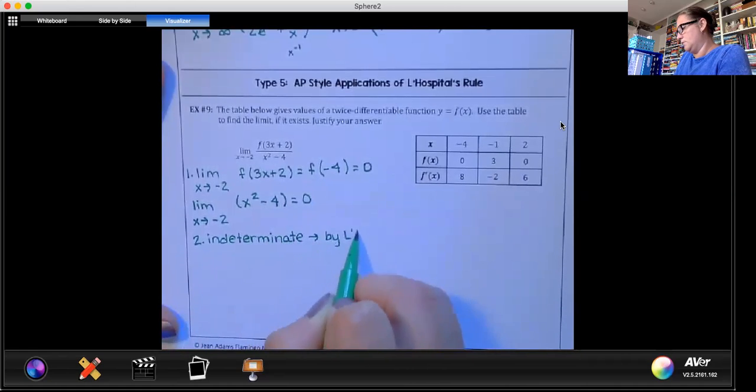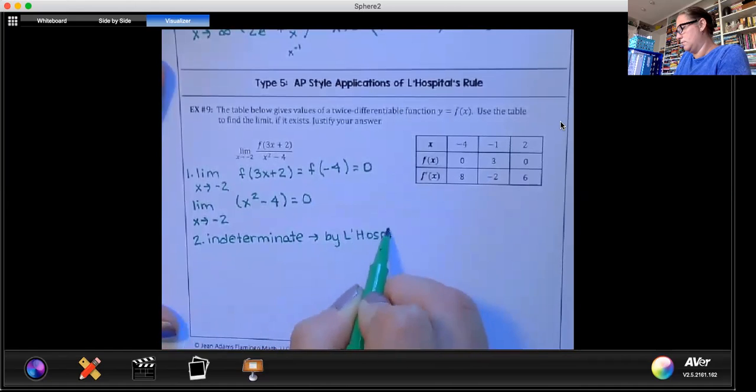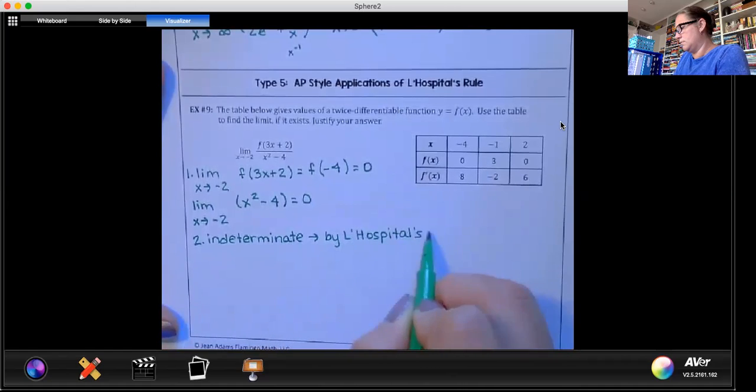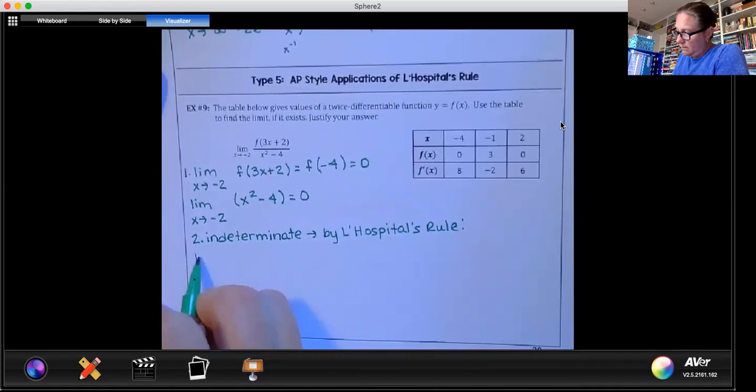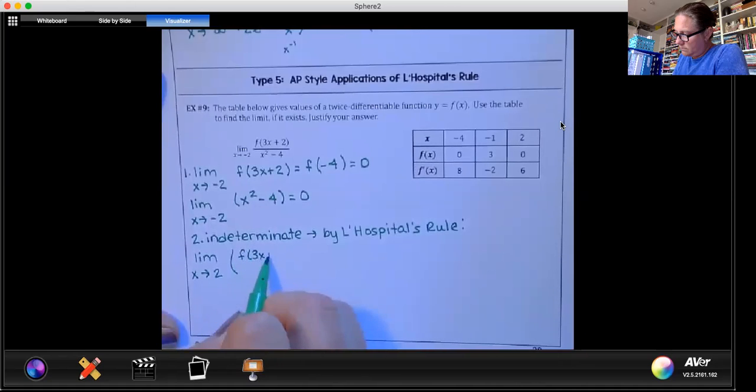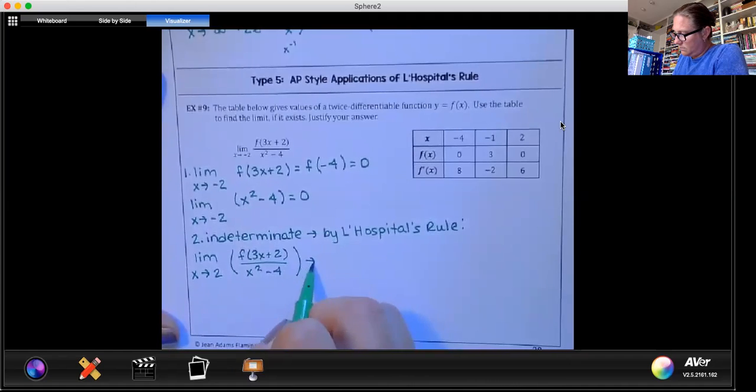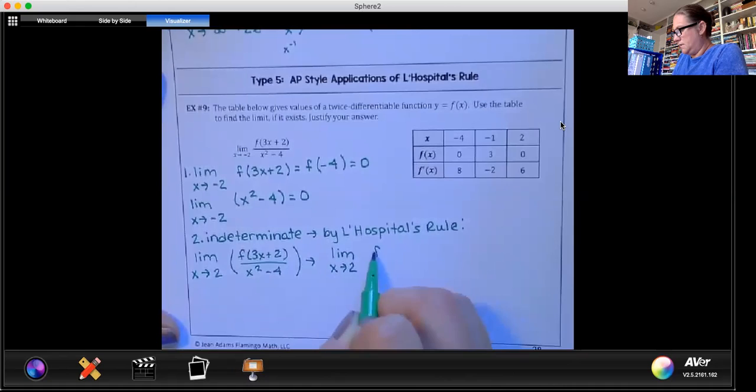So by L'Hopital's rule, do your derivatives. So this is f prime of 3x plus 2 times 3 over 2x.